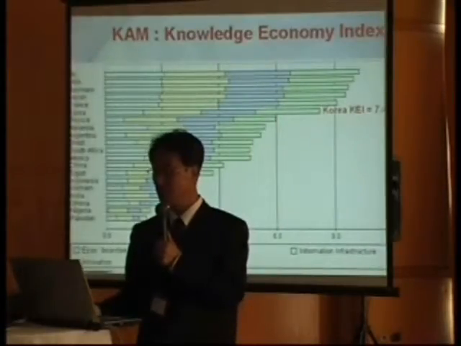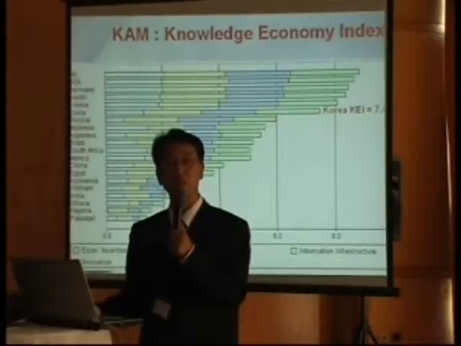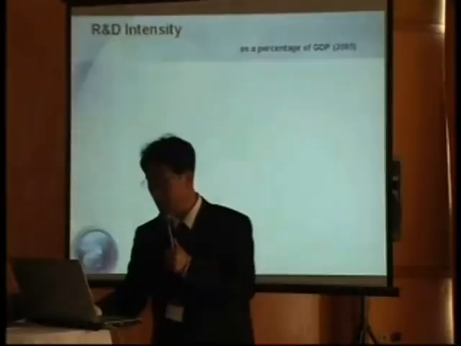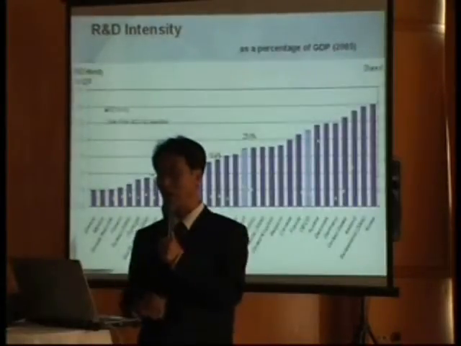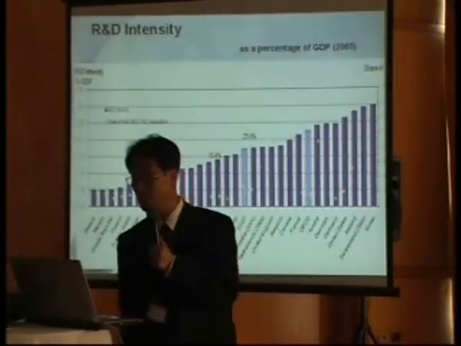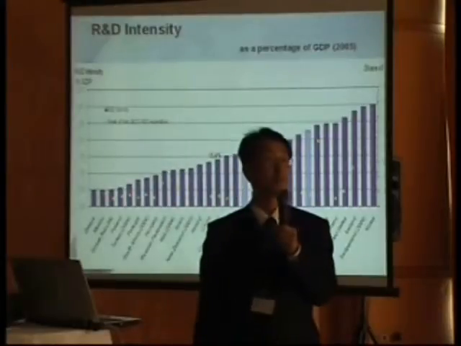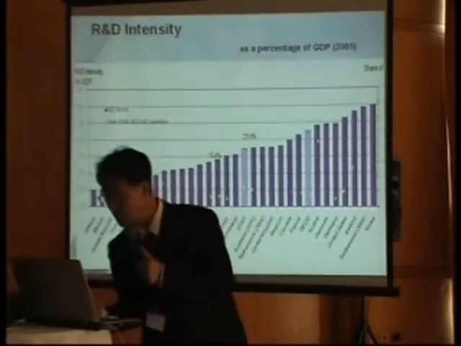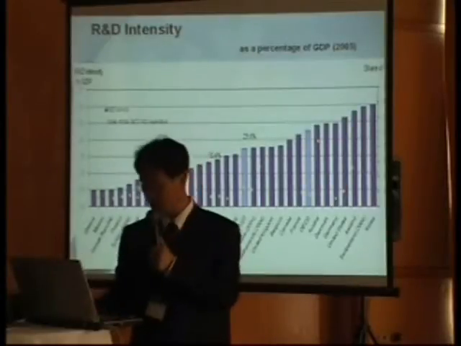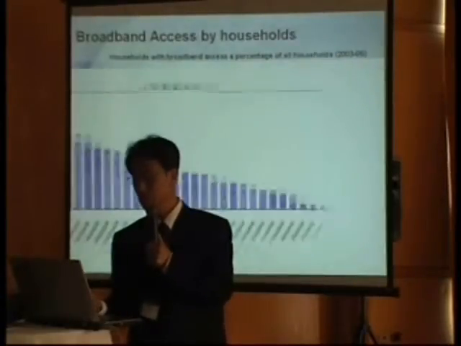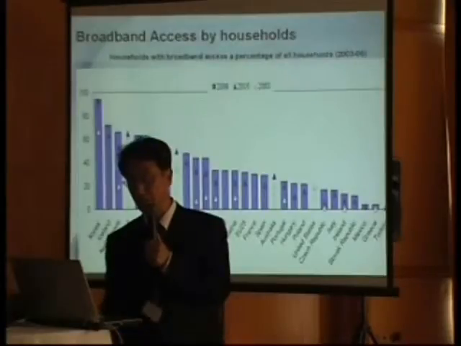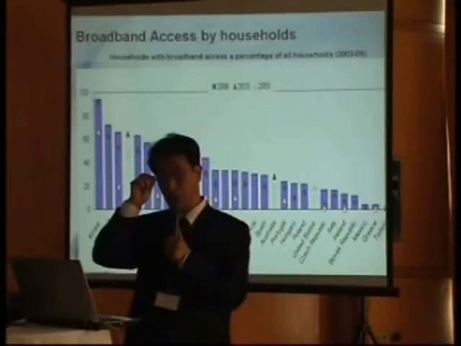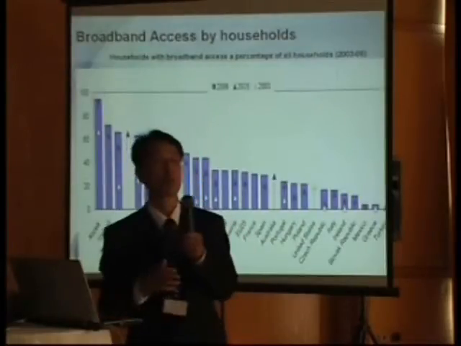And this is the knowledge economy index developed by the World Bank. Korea is evaluated quite high. In terms of R&D intensity as a percentage of GDP, Korea was ranked #1 in the world in 2005 by the OECD. This one is also developed by the OECD: broadband access by households was about 95% in 2006.